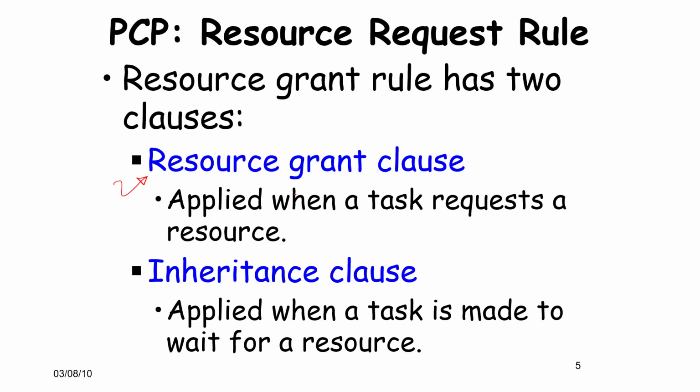So, when a task is interested in a resource, when it actually requests for it, this is when this rule is applied. And the inheritance clause is applied when a task is made to wait for a resource. So, when you actually wait for a resource, what happens to you and what happens to the holder of the resource is determined by the inheritance clause.